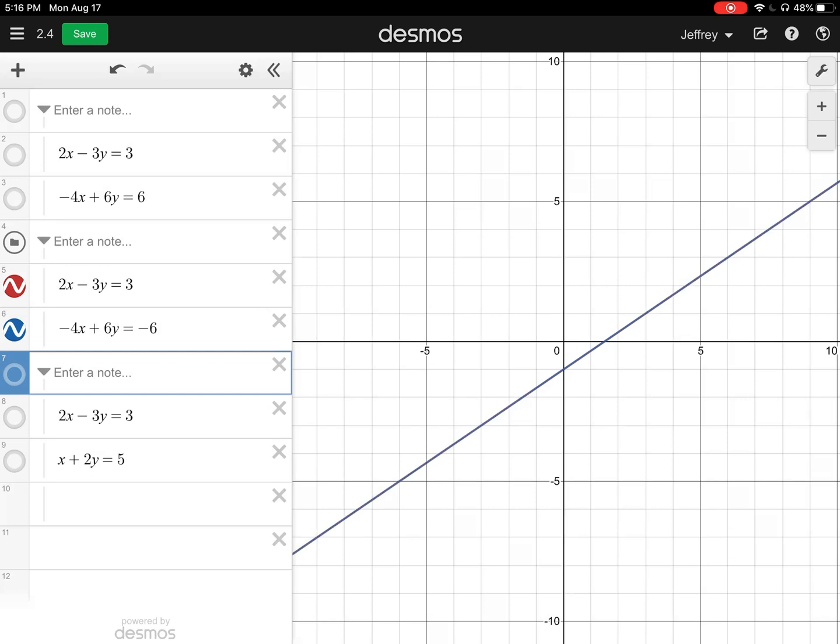They intersect at literally every point on their line because they're right on top of each other. So in this case, you would have infinitely many solutions. And right here, this is what a regular solution looks like, where there's an intersection of the two lines. See that there's a point at that intersection, and that's a solution.